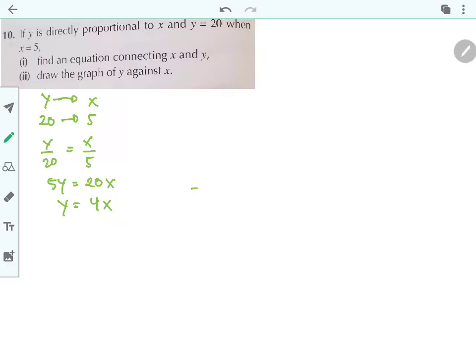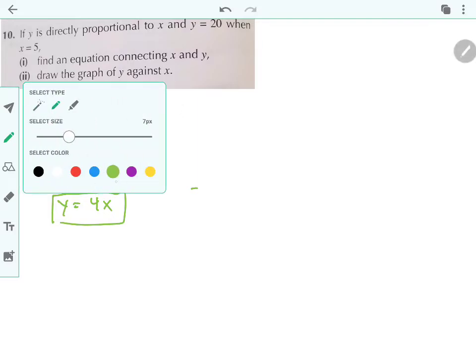Now, that's for answering the first question. Now for B, draw the graph of y against x. Actually, to solve these questions, what we need to do is what we did in the previous questions. We need to make a table of values first. Okay, so I'm going to use another color. Let's use purple then.